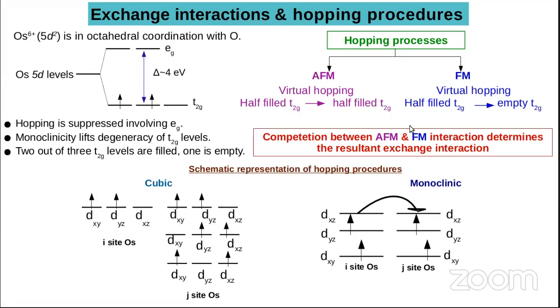Whereas in the ferromagnetic channel, virtual hopping takes place from half-filled t2g to empty t2g orbital of two Os sites. So our resultant exchange interaction is determined by the competition between these two processes, antiferromagnetic and ferromagnetic. So here's a schematic representation of hopping processes for cubic and monoclinic.